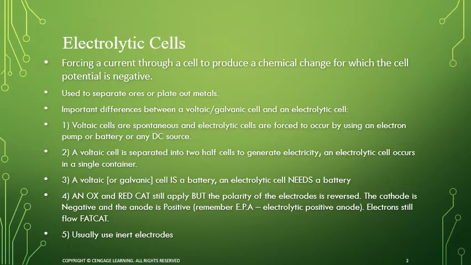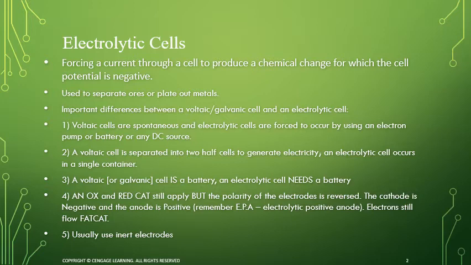So energy, in this case electrical energy, must be supplied to the reaction in order to make it take place. We use this process as a way to separate ores from each other and in plating metals. So if you've ever heard about chrome bumpers on old cars, that's the plating process that they would use to make the chrome metal on the bumpers.